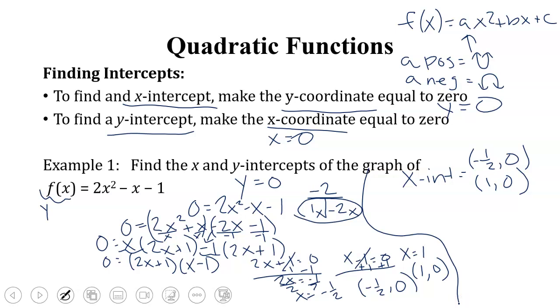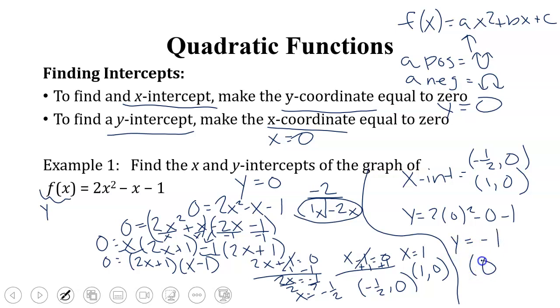Now let's find our y-intercept. Go back to the equation, but instead of x, plug in 0 for x. So y equals 2 times 0 squared minus 0 minus 1. Well, 2 times 0 squared is 0, minus 0 is 0. So my y is negative 1.